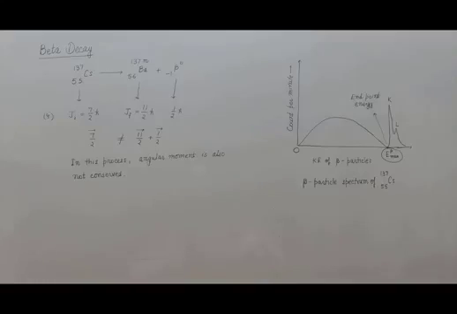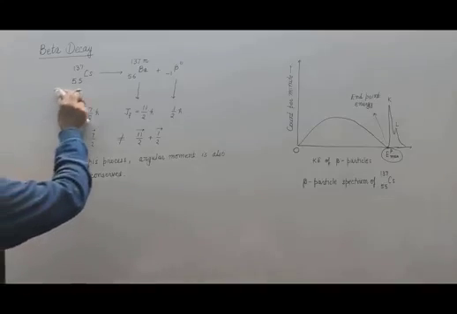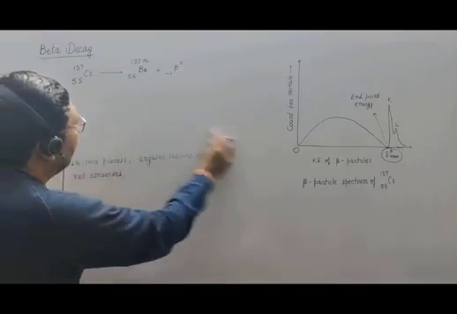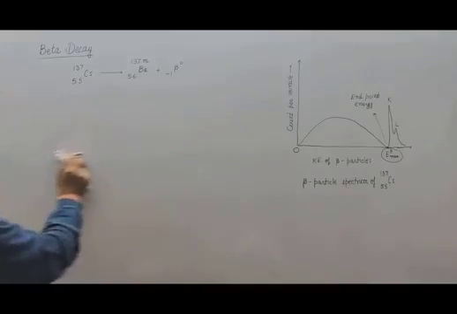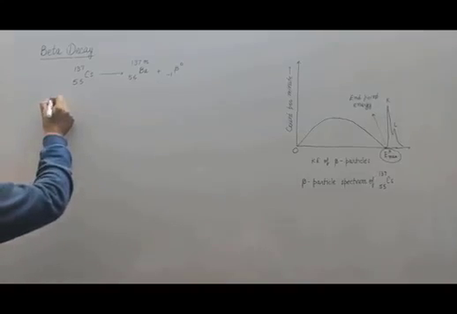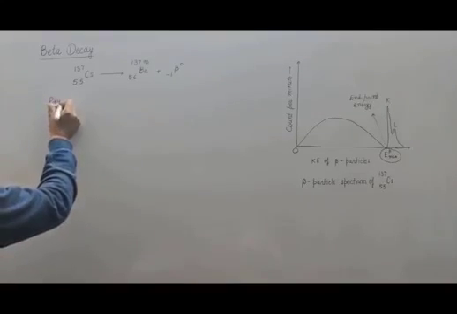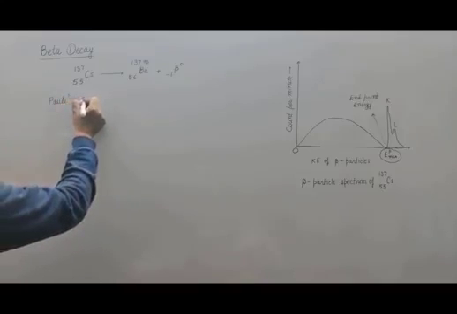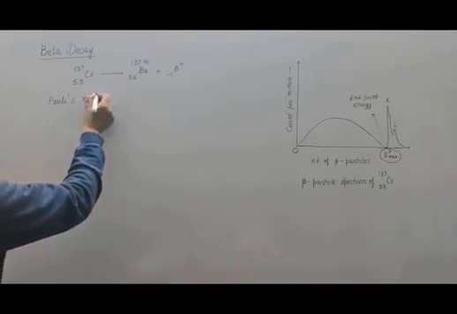To understand these four basic facts about the beta decay process, there was a scientist whose name was Pauli. So Pauli postulated Pauli's neutrino hypothesis.